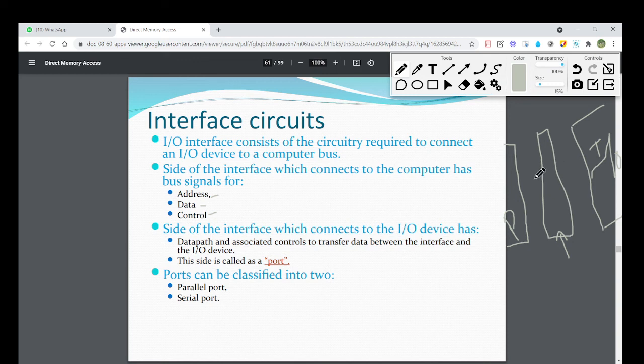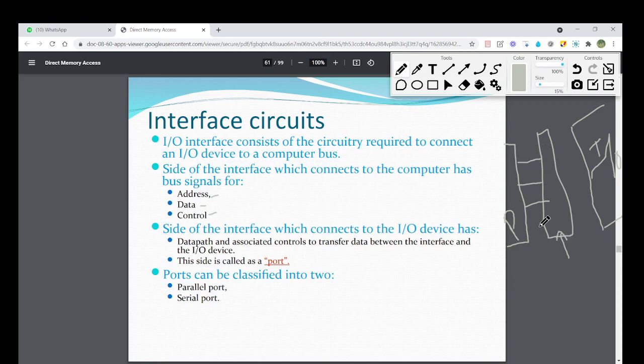So it is going to have two ends. The side of the interface which connects to the computer has bus signals for address, data and control. These are the things at the processor end of the interface circuit.